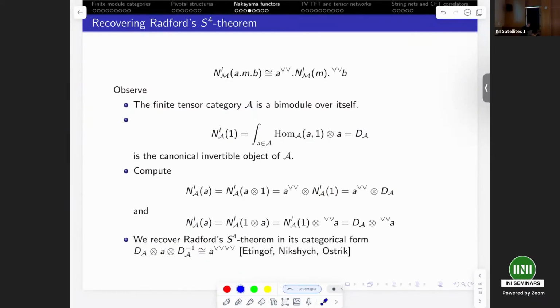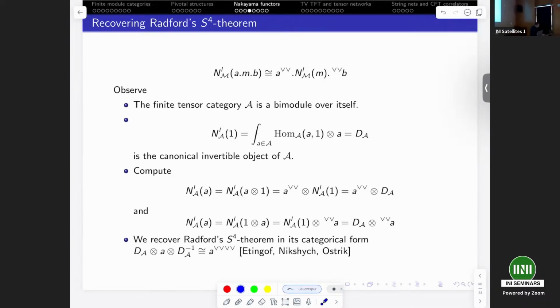And this you can now use to recover Radford's S^4 theorem in the sense that you are computing what this means for an object in the monoidal category. If you compare these two, then you see that these two must be equal. And that's the famous version of Radford's S^4 that you can find in the Hamburg dictionary.